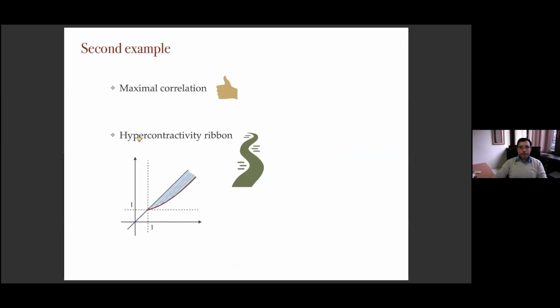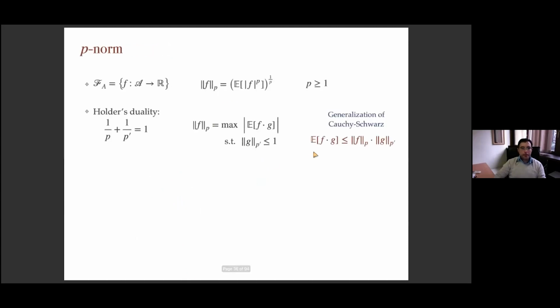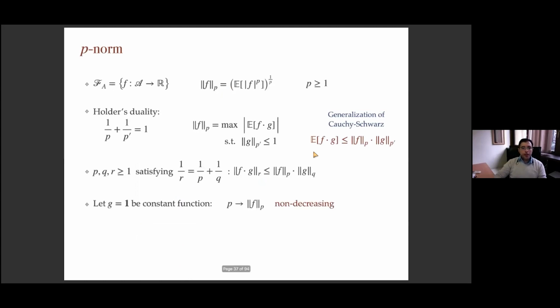Okay, so we want to talk about another correlation measure with the tensorization property, and that's hypercontractivity. I told you about this definition of the norms. The definition for any p greater than 1 is given by this quantity.